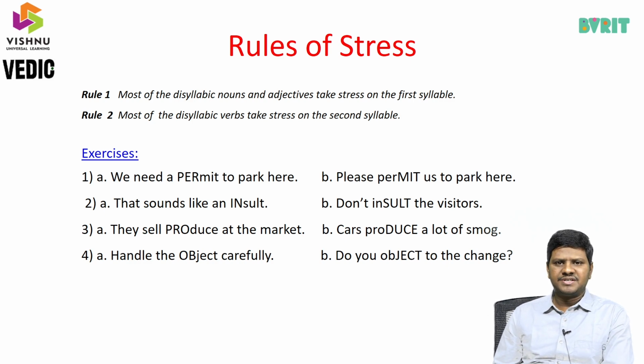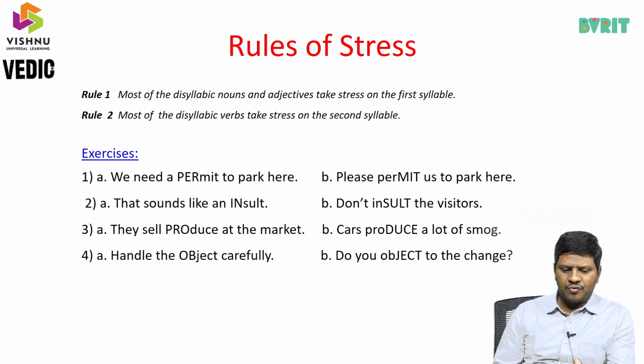Handle the object carefully. Do you object to the change? Okay, so here you can observe in the first 4 sentences, I highlighted only the first syllable of the word. First syllable. As I told you before, only nouns and adjectives take the first syllable.